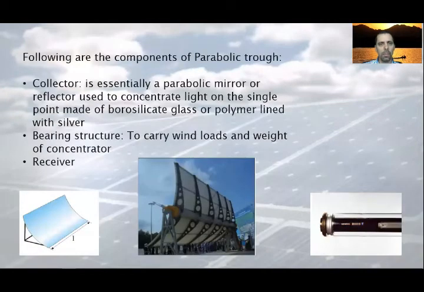Let's see the components of a parabolic trough. First, the collector is essentially a parabolic mirror or reflector used to concentrate light on a single point, made of borosilicate glass or polymer lined with silver. Then the bearing structure to carry wind loads and the weight of the collector, and the receiver.